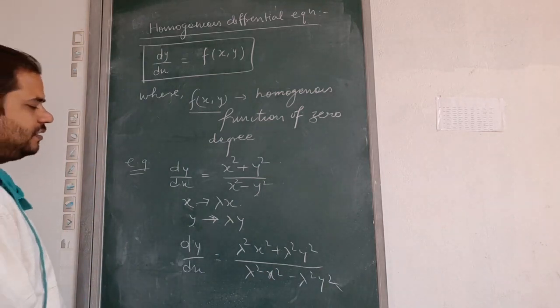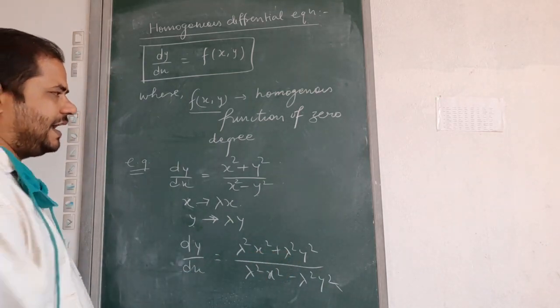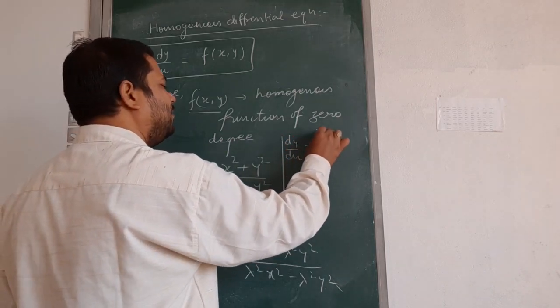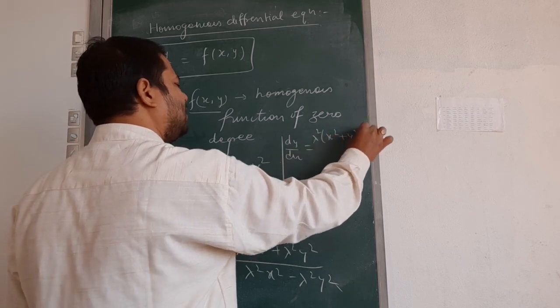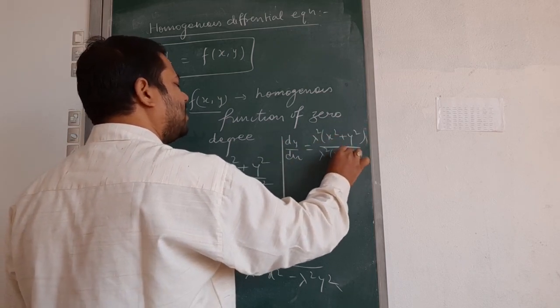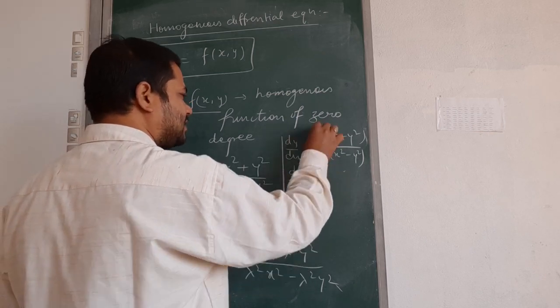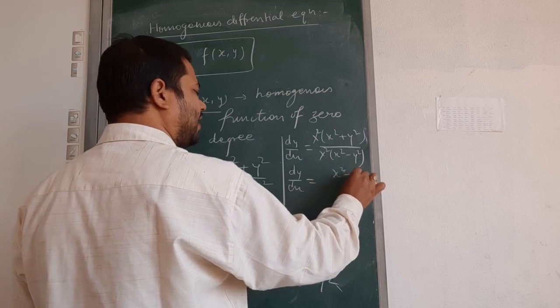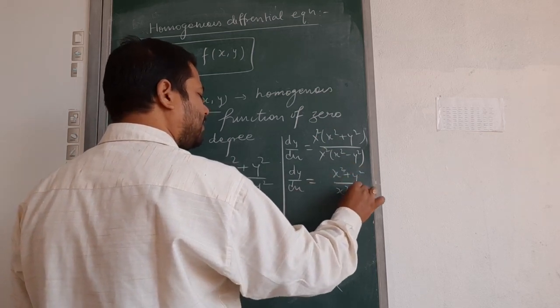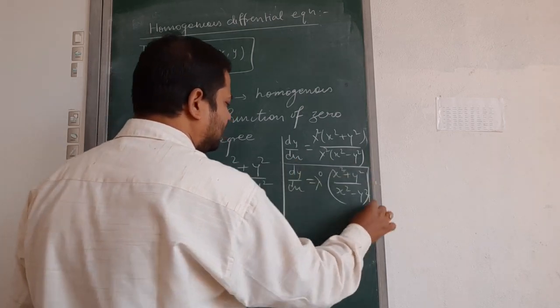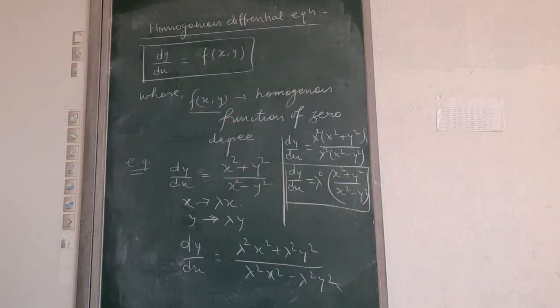You see here lambda is cancelled out. That means dy by dx is again (x square plus y square) upon (x square minus y square). That means you can write it as lambda power 0 times (x square plus y square) upon (x square minus y square).